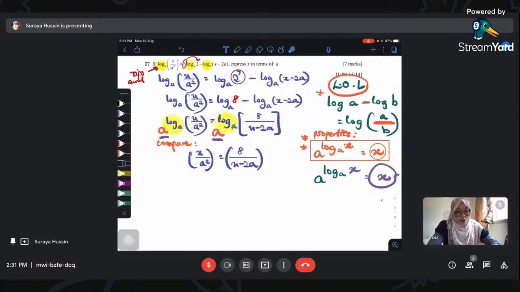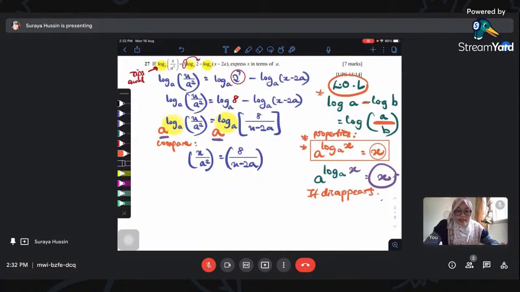Alright, but do you understand that when you have base A to the power of log base A juga, then it will disappear. It disappears, mean the log disappears. Okay, and that's why tinggal X sahaja.